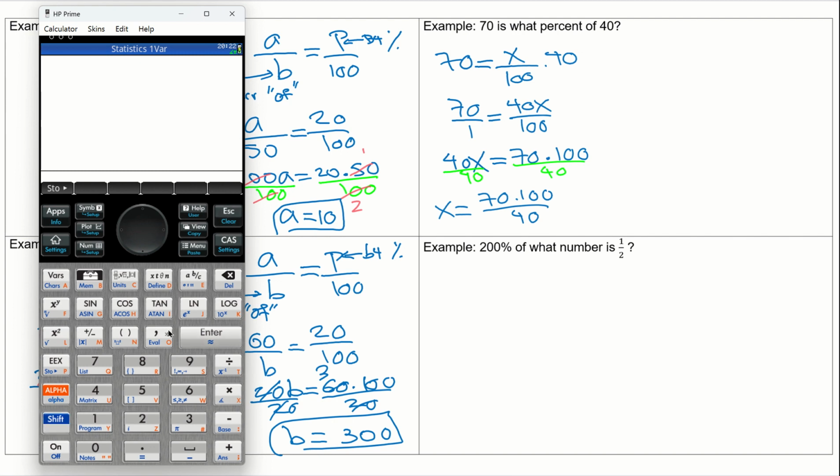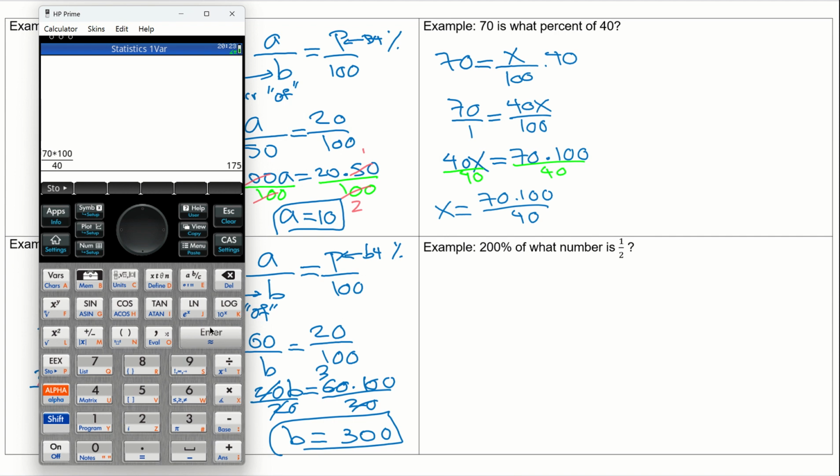So let's see, we have parentheses 70 times 100, and we go ahead and close the parentheses there, and then divide by 40.